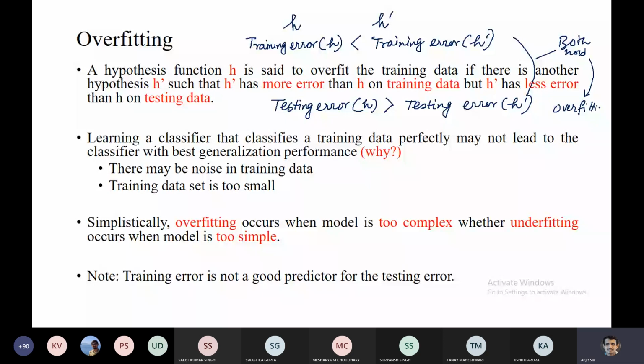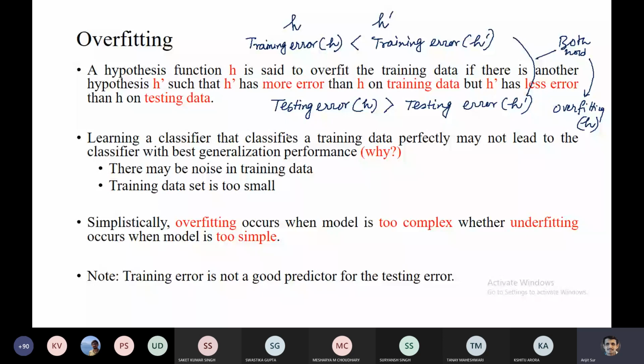Learning a classifier that classifies training data perfectly may not lead to the classifier with the best generalization performance. So this model is overfitted: H is overfitting with respect to H bar.